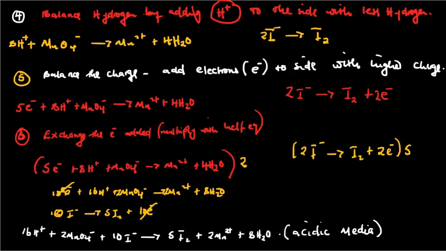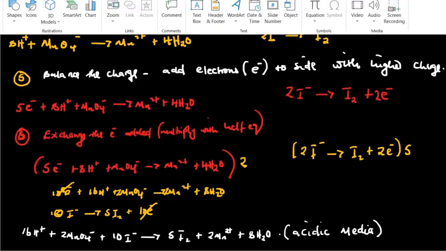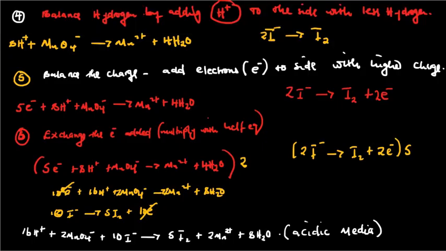Alright. Perfect. Now, I want to explain basic media using the same equation. So, once you do the acidic, you can now proceed using the same equation and solve for basic media.